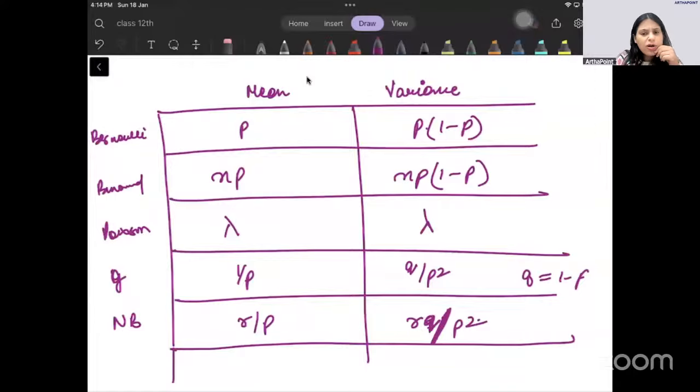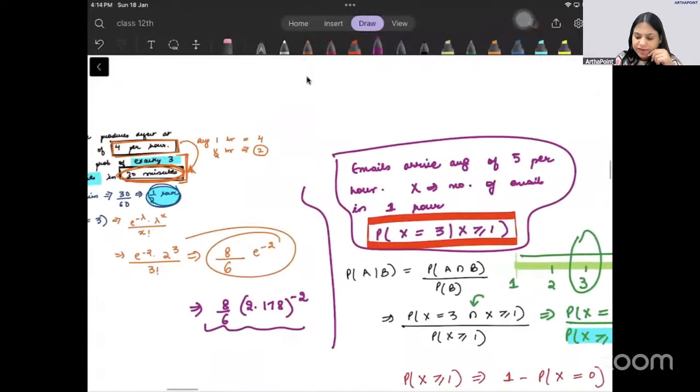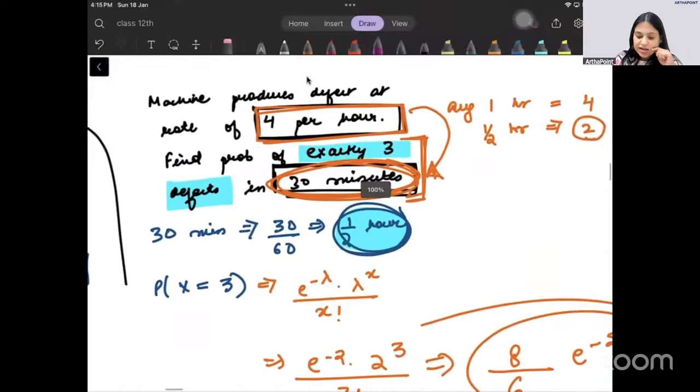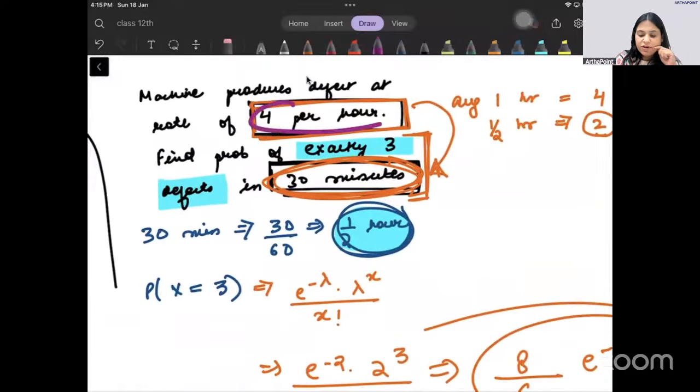Lambda, like the questions we just did, will be the mean given to you. Like here it was written that emails arrive at an average of 5 per hour, so lambda is 5. Here it said that the machine produces an average of 4, so lambda was 4. So lambda is that average.